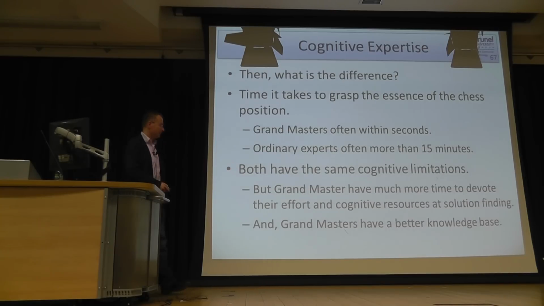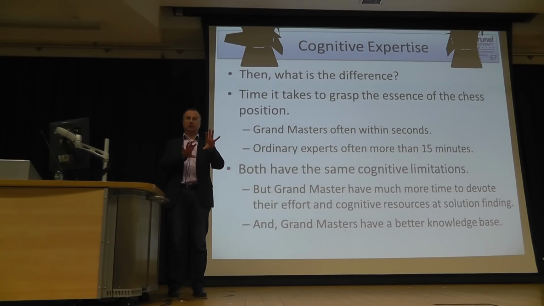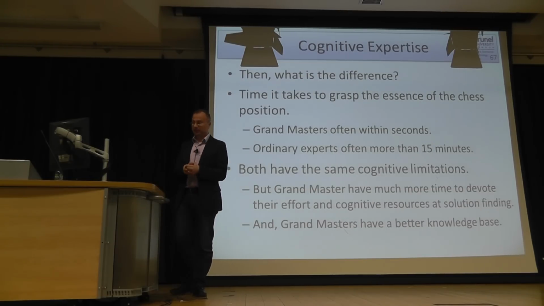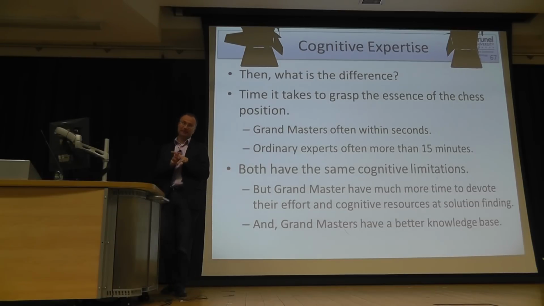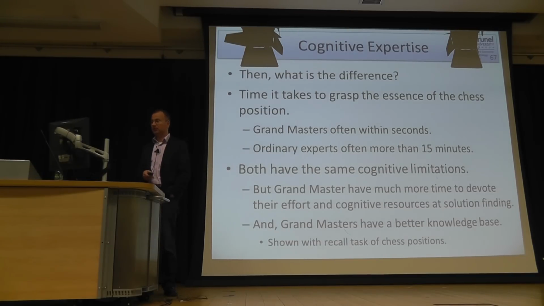The second thing is that they have a better knowledge base. So for instance, in chess, you often know particular arrangements from previous games, and you know, oh, that arrangement, and in that chess game in 1995 or so, the person won over the other one by doing these moves or something. This type of knowledge is better in grandmasters than in ordinary experts.